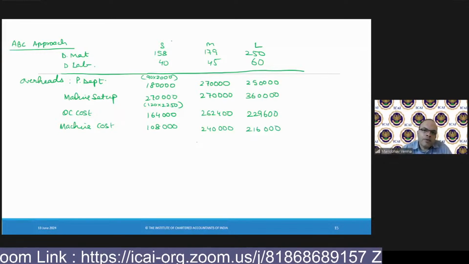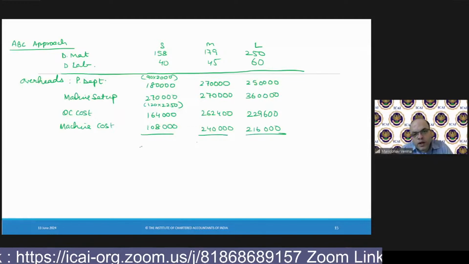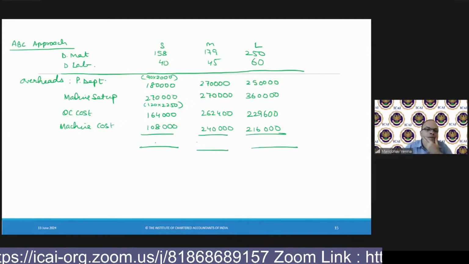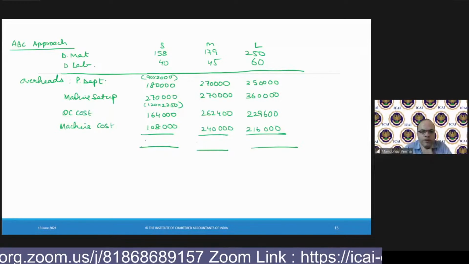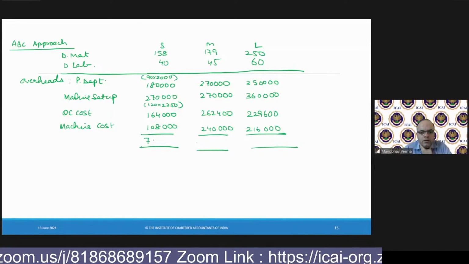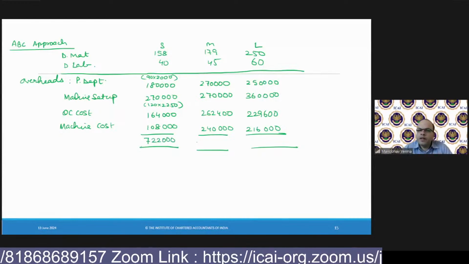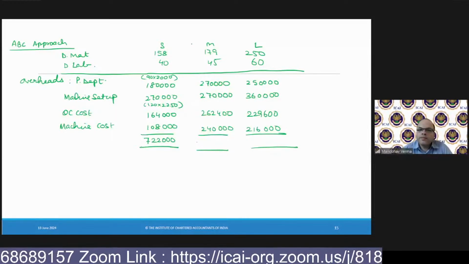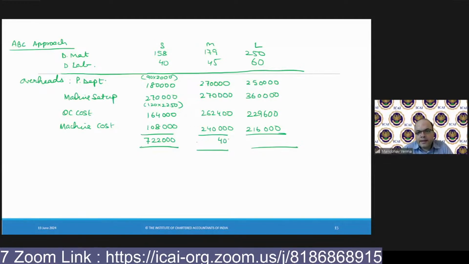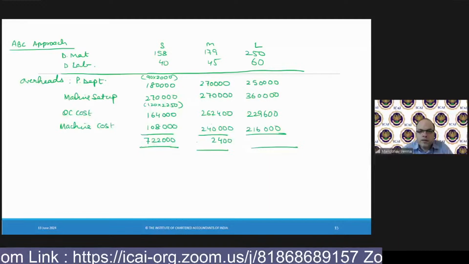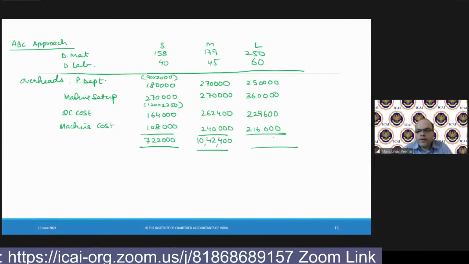So let's add these up for a moment. What are the total overheads? Because then we will have to divide that by the number of units to get the overhead per unit. So 180 plus 270, 450, 450 plus 272, we are getting 7,22,000 here for product S. Here we are getting 10,42,400.